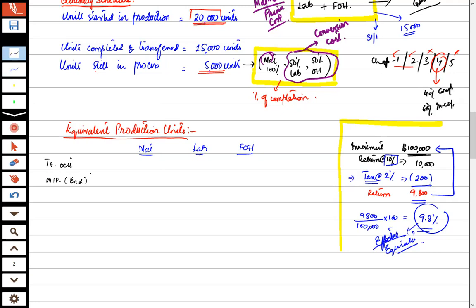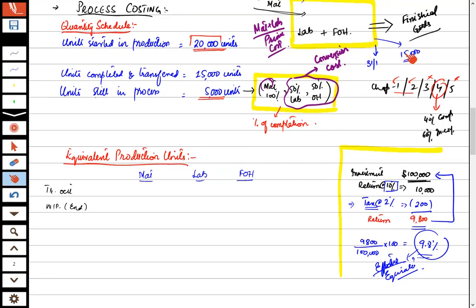Now, what do you think? The units which have been transferred out, these 15,000 units should contain 100% material, 100% labor, and 100% FOH, isn't it? That's why they have been transferred out. Otherwise, they wouldn't be transferred out unless and until 100% work would have been done.